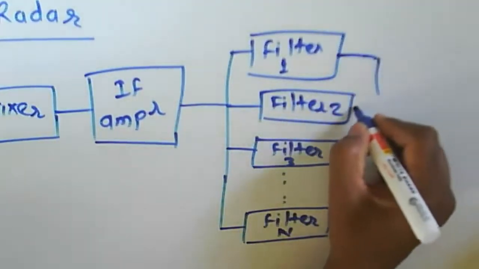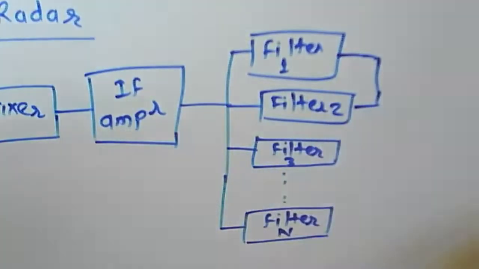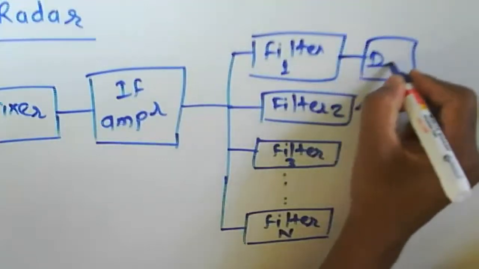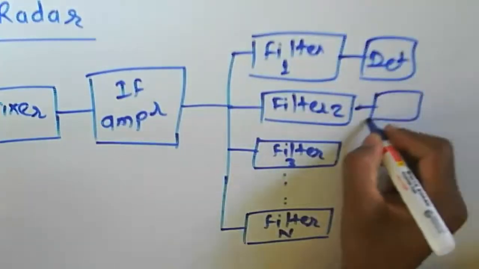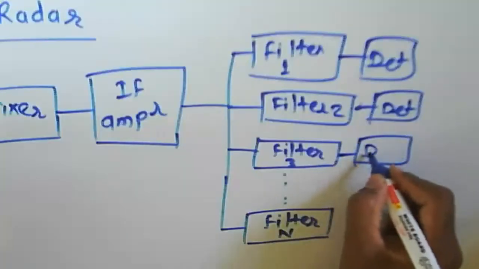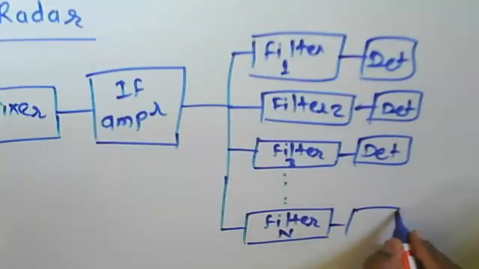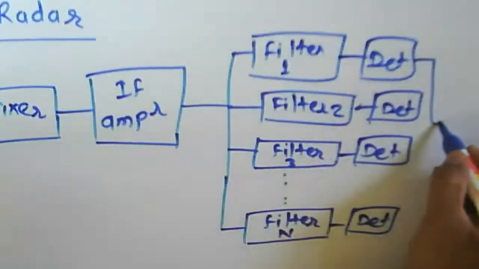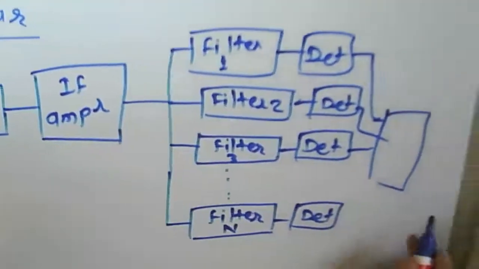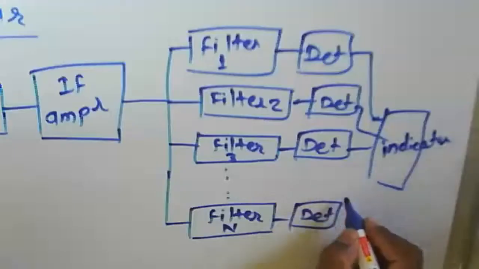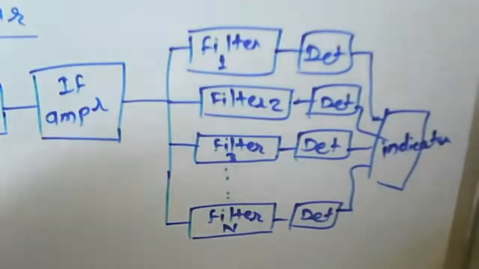So we have a detector for each, and then we can combine the output of all the detectors to the indicator. This will be the indicator. This way we consider.